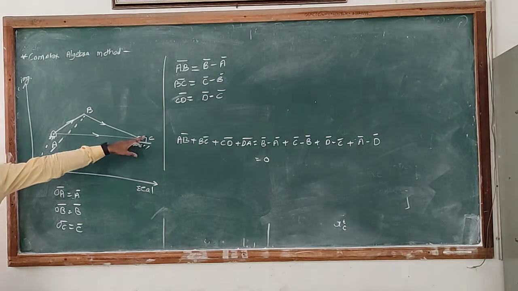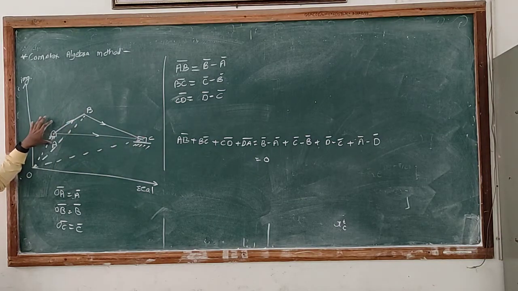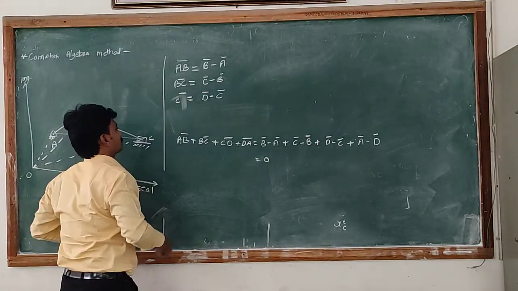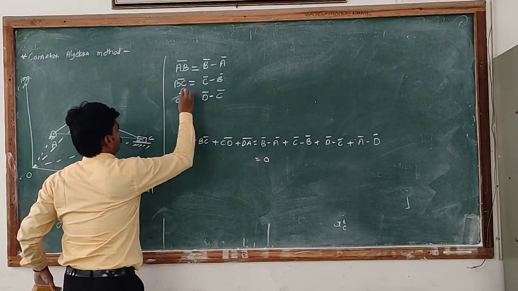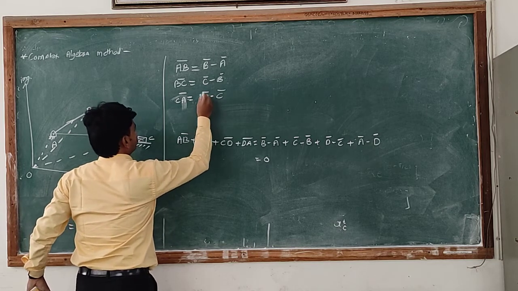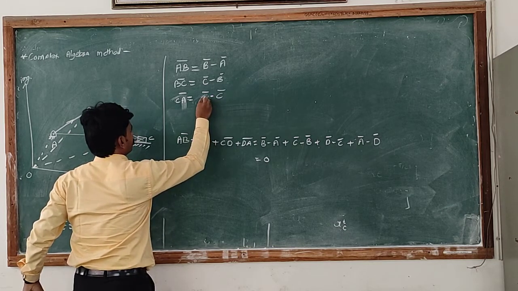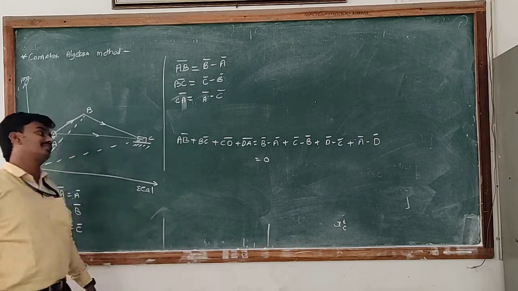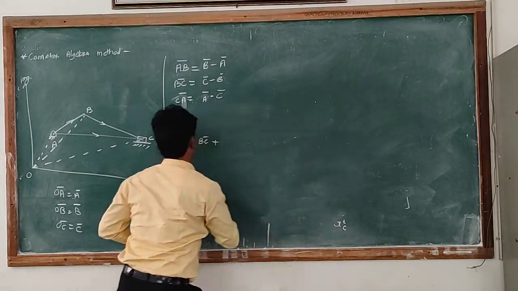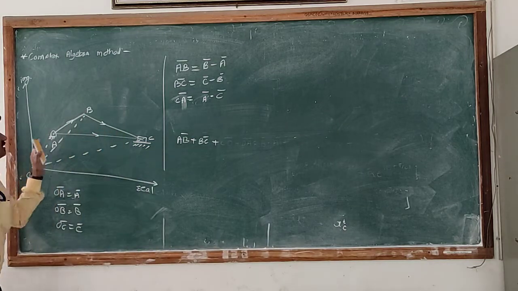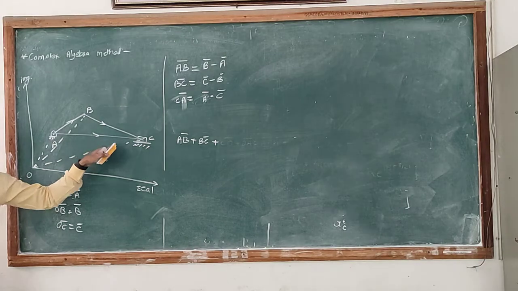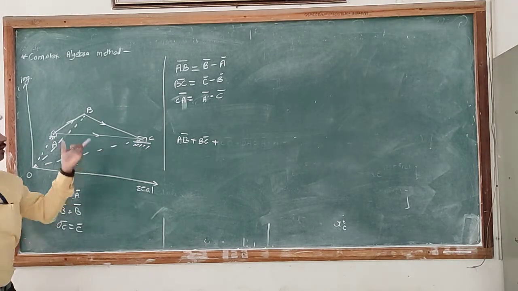And point C can be represented with respect to point A as CA bar, which is equal to A bar minus C bar. This is also one closed loop because this line of action is one fixed thing.